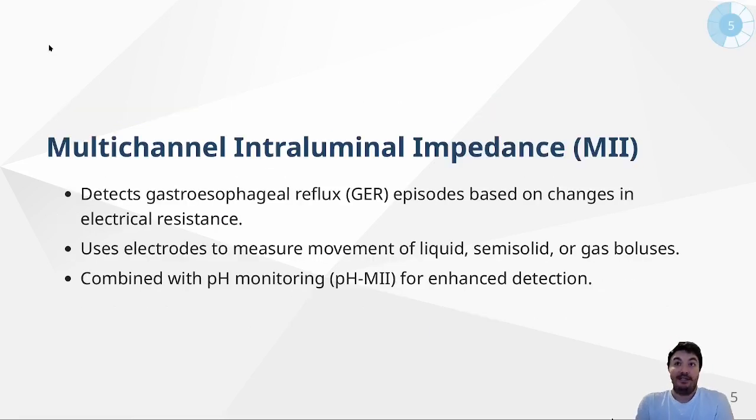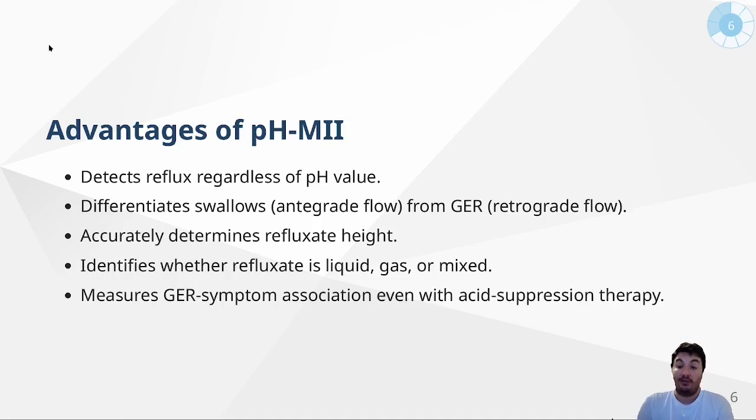So at some point impedance was added. Basically it measures the change in the electric resistance of the esophagus, putting electrodes inside the esophagus, and this information together with the pH allows more information to be detected, because you can detect something that is going on in the esophagus regardless of the pH value.